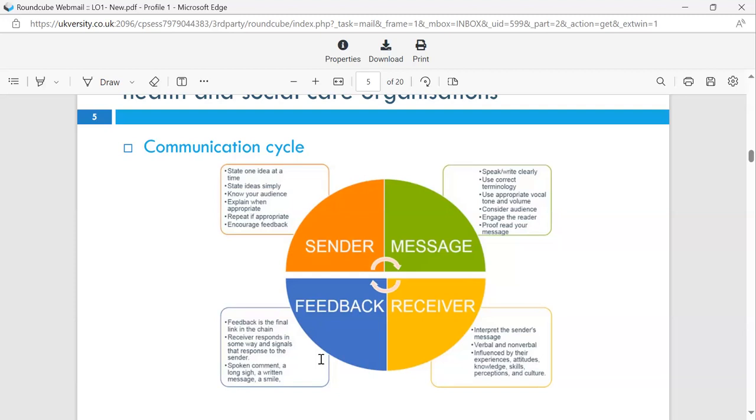It's important to use this communication cycle because it shows that you are able to communicate effectively and exchange information and instructions between different people and different audiences.